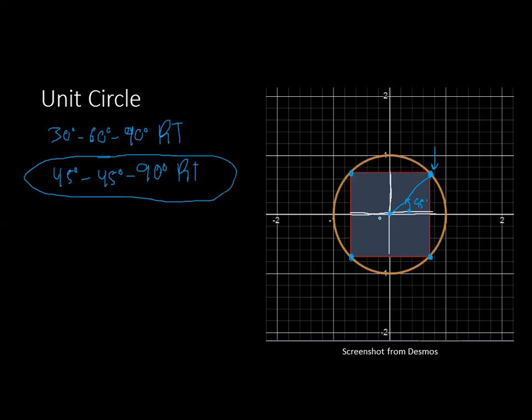Let's get this one. Imagine we cut this piece off. So we have this one, 45 degrees. And remember, this is also 90 degrees. So if we have 45 and 90, expect that this angle is also 45 degrees. That's why it's called 45-45-90.